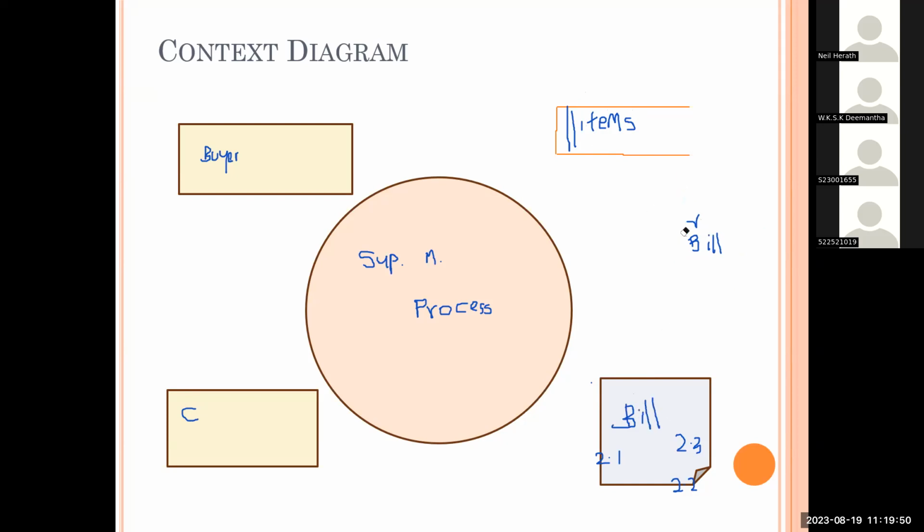So now do you get the idea of the context diagram? And there have to be lines, whether it's both input or output or only one, you have to show by the arrow. Right? Is it clear?